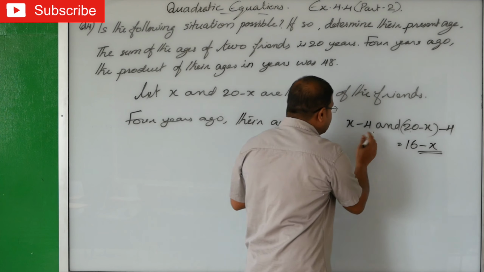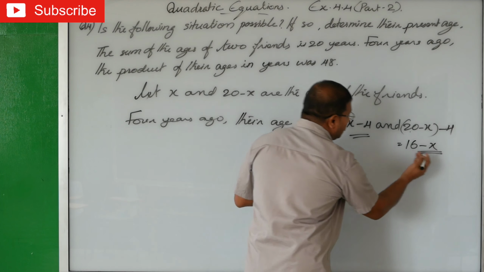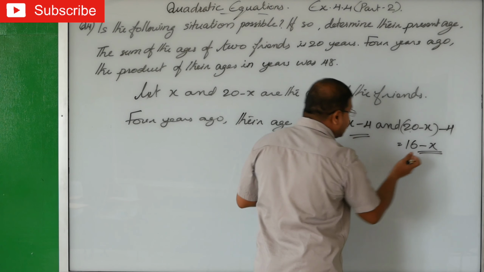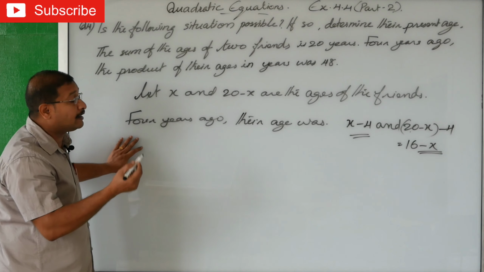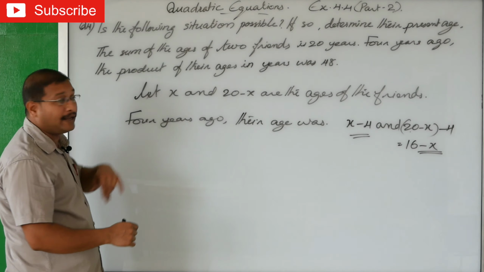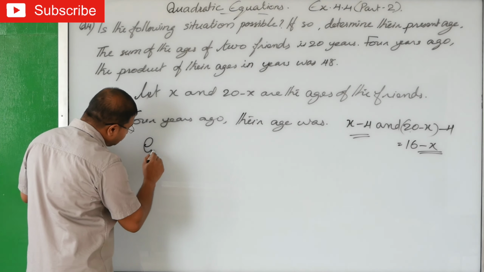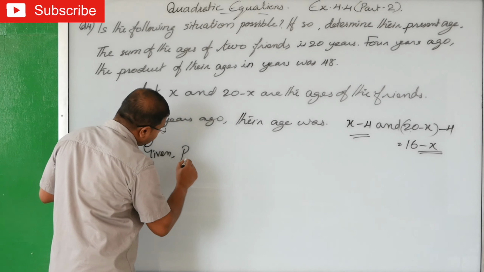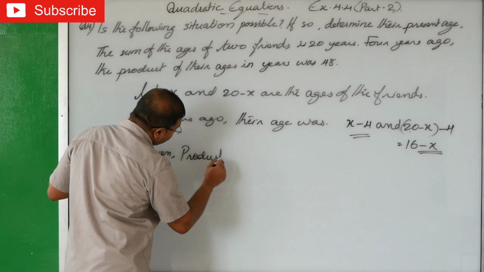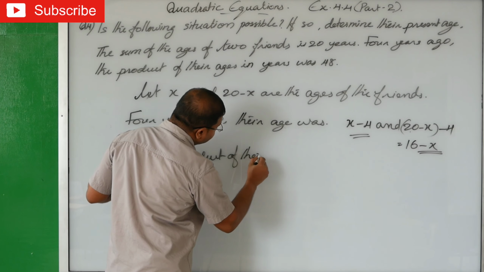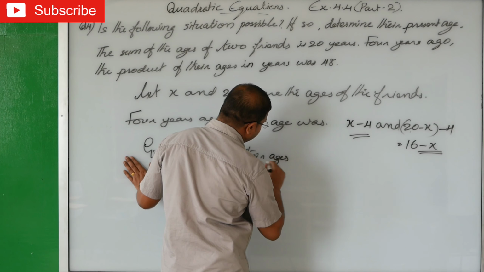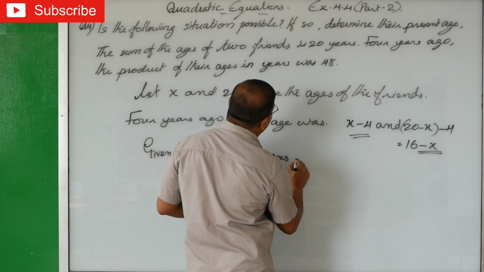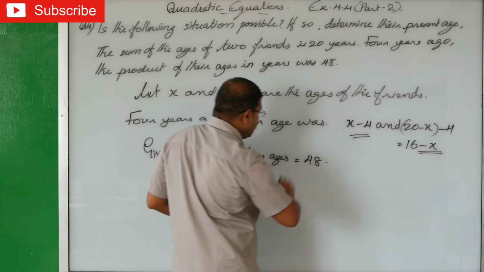This is the first person, x minus 4. The second person is 16 minus x, 4 years ago. But it is given that 4 years ago, the product of their ages was 48.